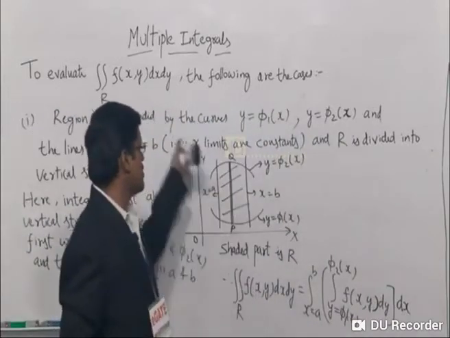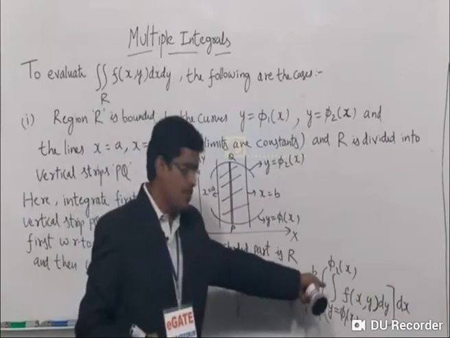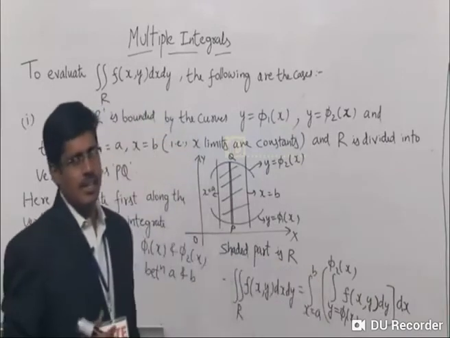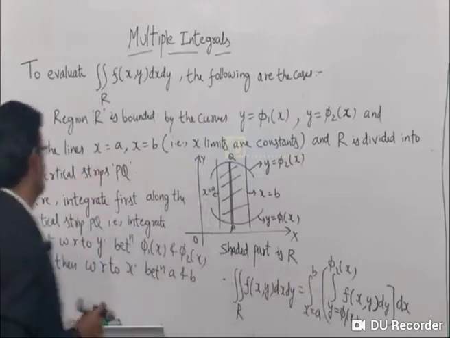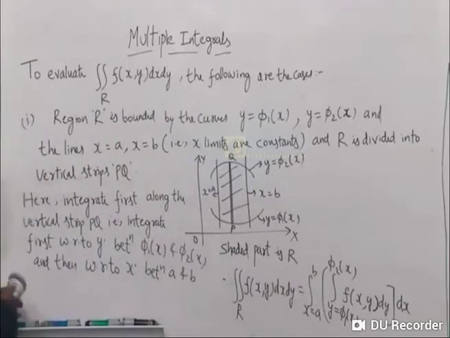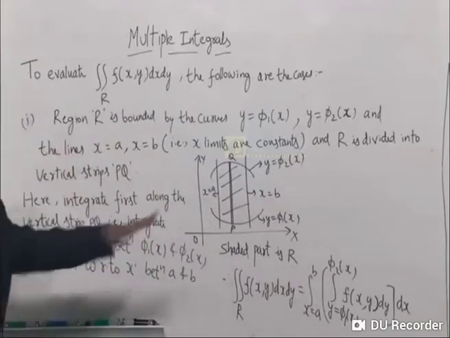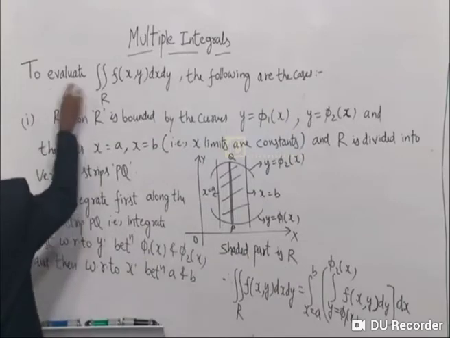So this is the way to evaluate the definite integral in case 1, keeping x limits outside and y limits inside, because the inside is integrated first and the outside is integrated last. Similarly, I am giving case 2 and case 3 directly, how to evaluate. Okay.